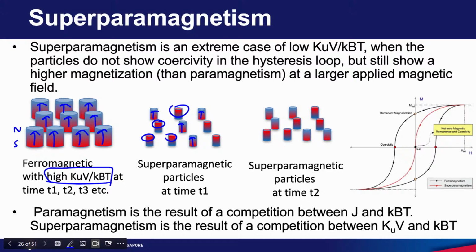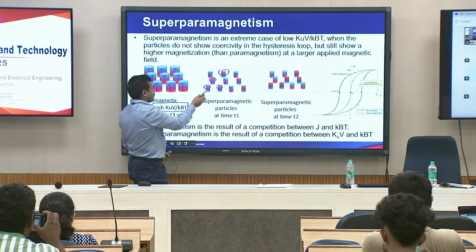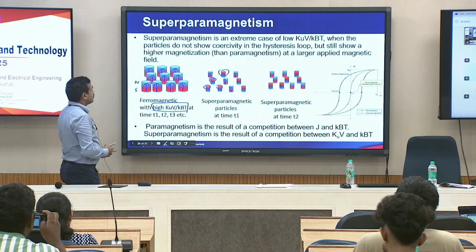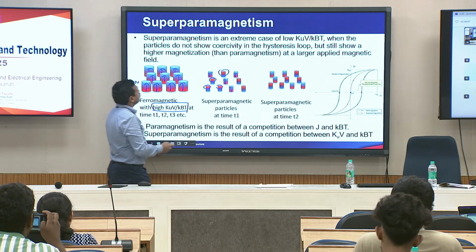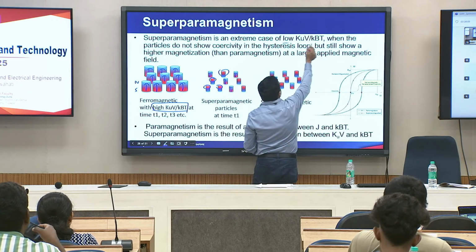At another point of time, you can see that they have flipped. So, as a function of time, the magnetization of these particles will keep flipping, especially when KUV by KBT is low.